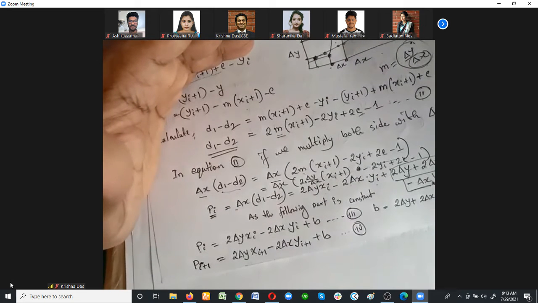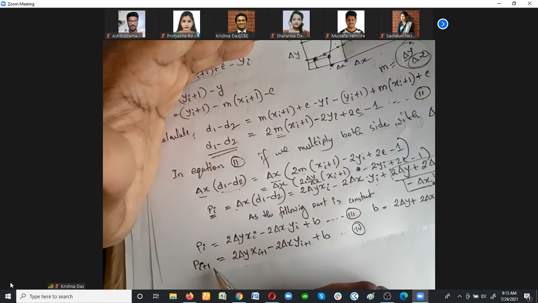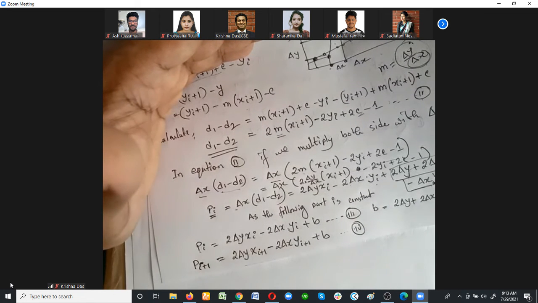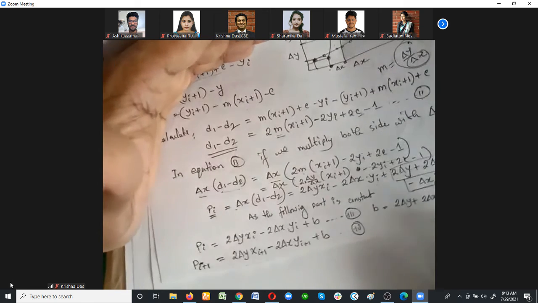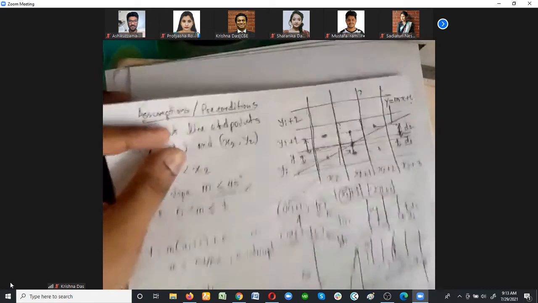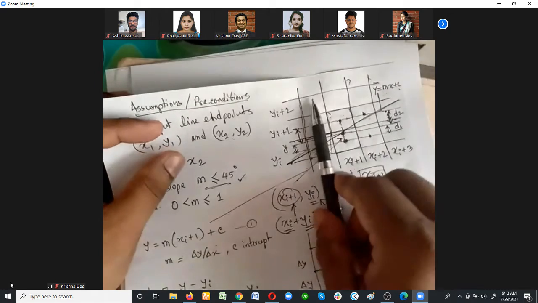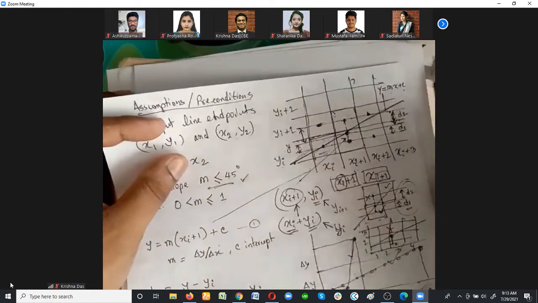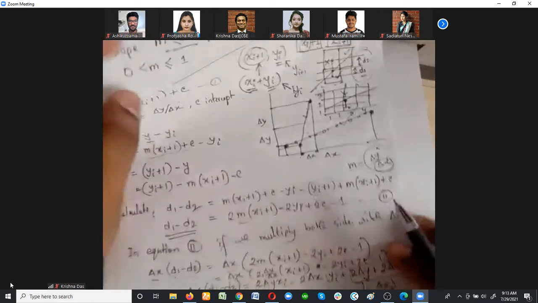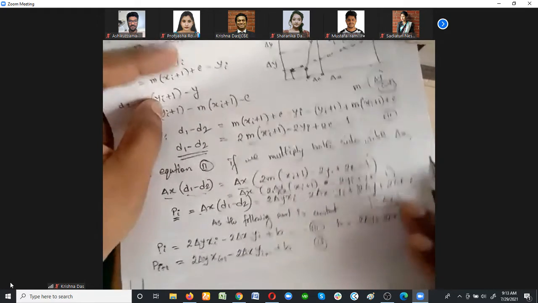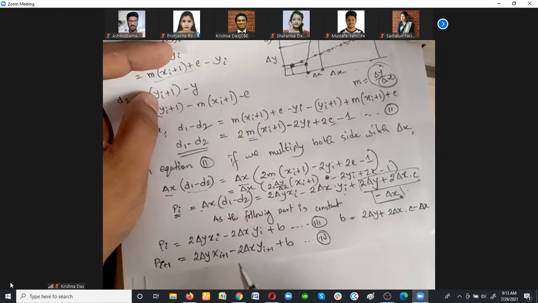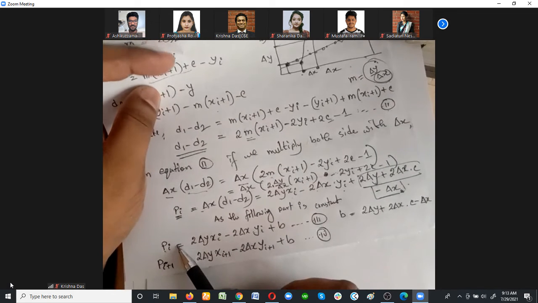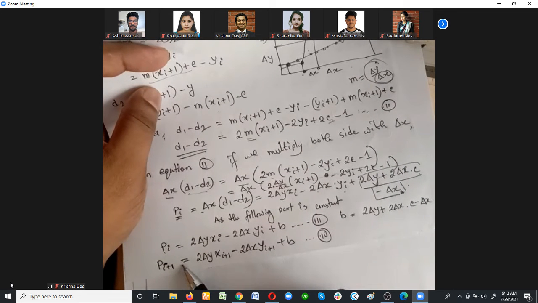As we have taken the next value of yi, because for the formula for the algorithm, we have to have it in such a way that it dynamically finds out all the possible pixels where you need to take a decision, and that's why in the decision we have, the next decision also we need to have.